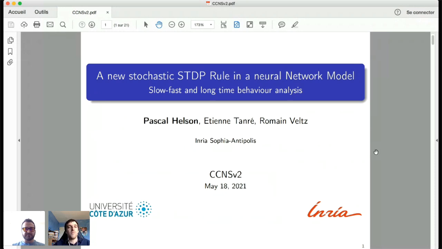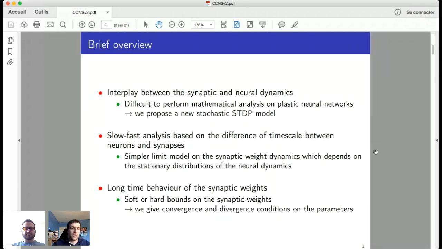First, I will give a brief overview of my talk. What we were interested in this work was the interplay between the synaptic and neural dynamics, and in particular, we wanted to study it with mathematical tools. This is really a hard task. That's why we proposed a new stochastic STDP model, which is more tractable but still has interesting biological features.